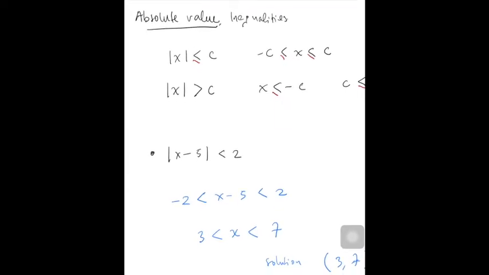so you have this absolute value. Okay, what will you do with this absolute value? If you have absolute value of x less or equal c, you can expand this x into minus c less or equal x less or equal c.